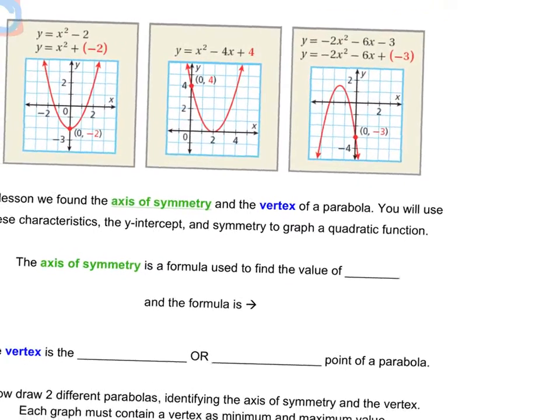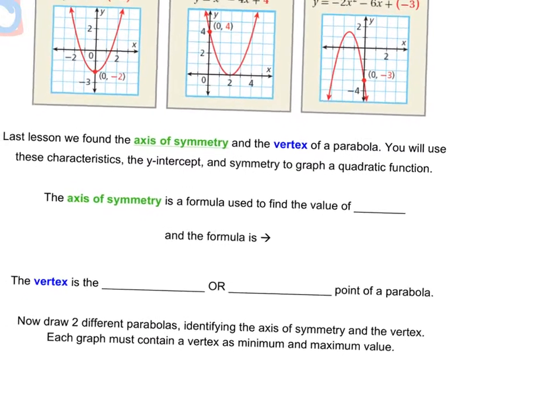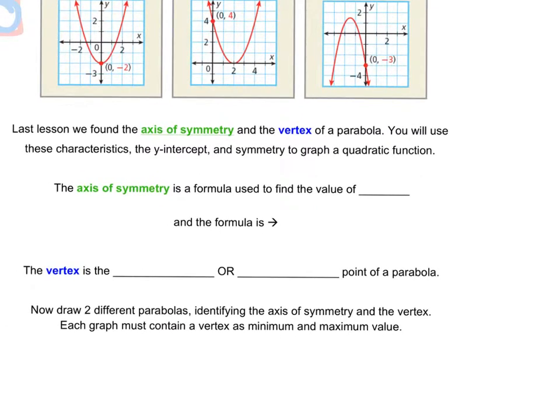Now, we talked just a little bit about the axis of symmetry. And the axis of symmetry is a formula that is used to find the x value of the vertex. Because if I go through the vertex, what I'm really finding is the x value of the vertex.